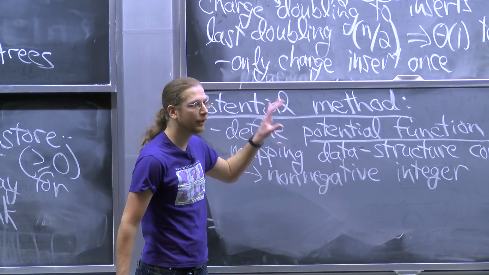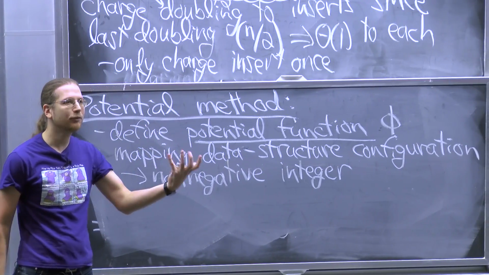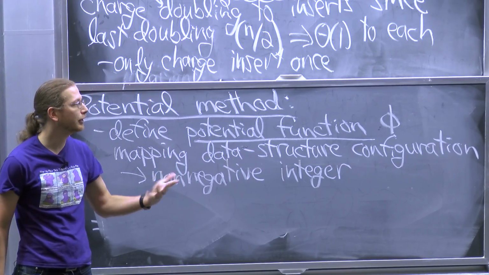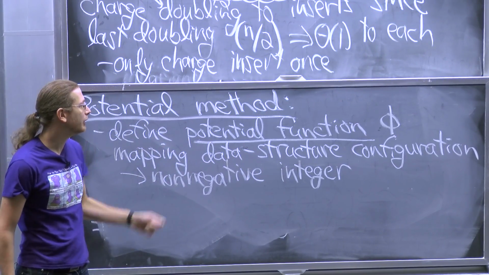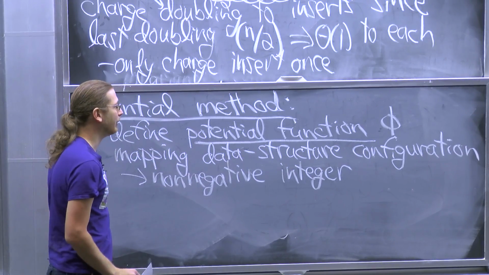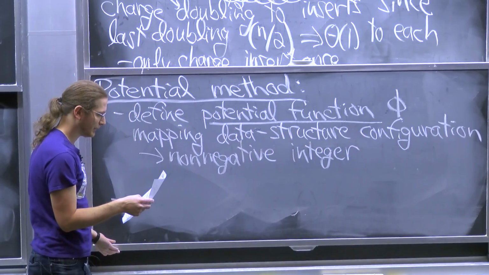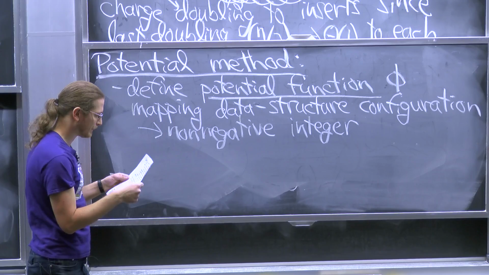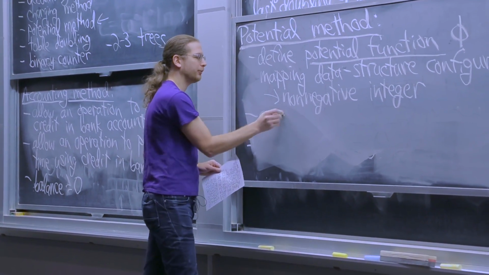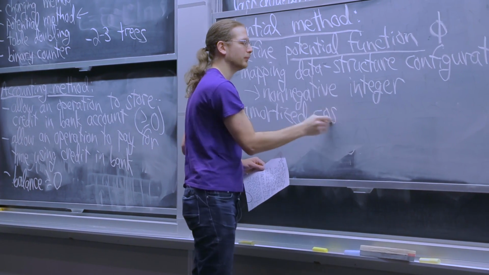But usually, it's easier to think about one perspective or the other. Really often, you can just look at what's going on with the data structure and say, hey, this aspect of the data structure makes it bad. It makes costly operations. And you can just define the potential function and then just check that it works. But it's a little bit of black magic to come up with these functions. So it depends how you like to think about things. As before, we can define an amortized cost.